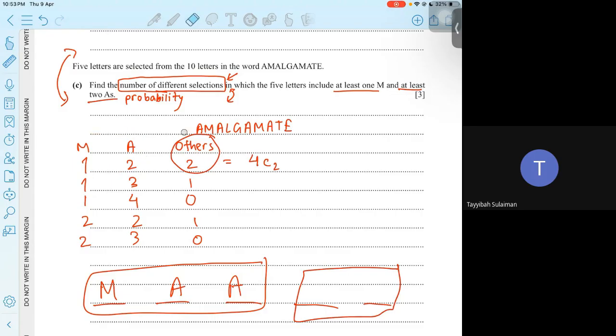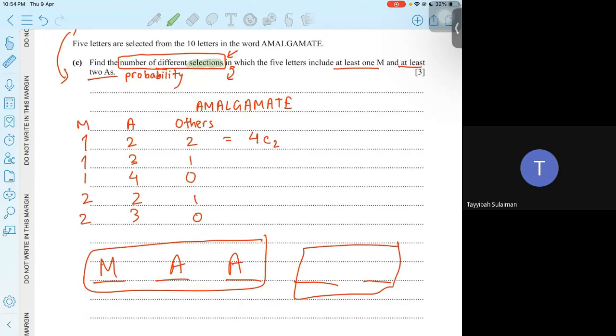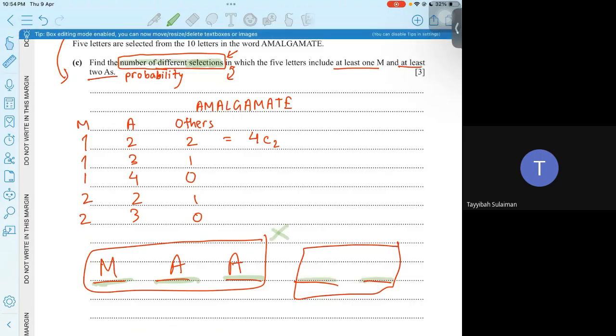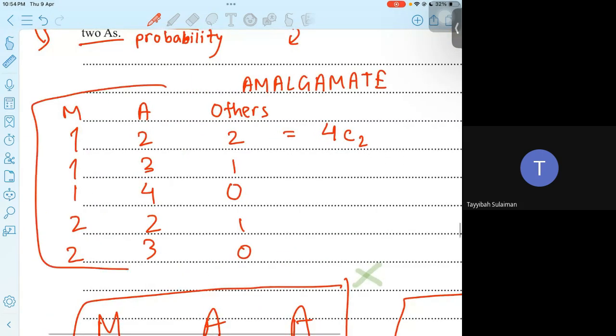No. Okay, so let me just repeat, just in case you have some difficulties. Whenever they ask for selections in this variation of question, you take these to be fixed spots. You don't have to calculate these at all. You only calculate the remaining parts. So similarly for other questions, none of these have to be calculated.